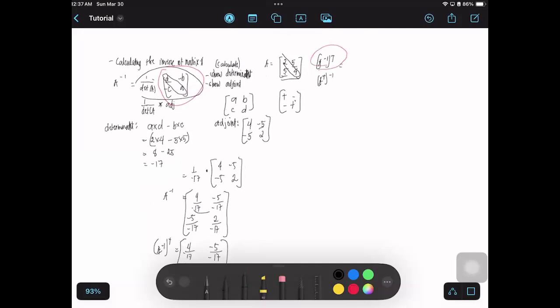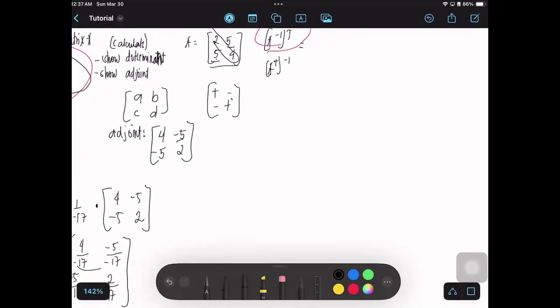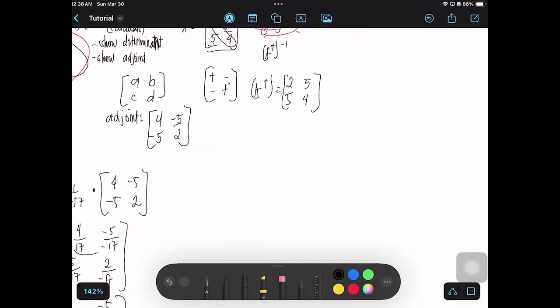We will now proceed with the A transpose. So we'll begin to transpose first the A. So 2, 5, it will become 2, 5, then the A transpose now is equal to 2, 5, then 5 and 4. So for this one right now, we will get the determinant, I mean the inverse.